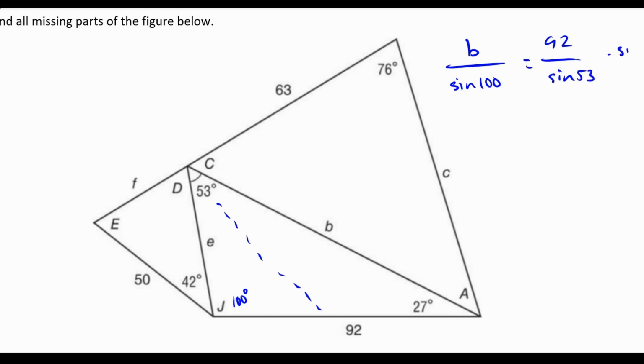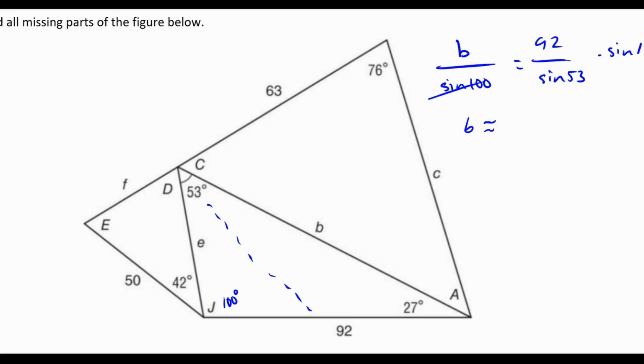Multiply both sides by the sine of 100, and we get B is approximately, let me type that in, 113.4. We don't really have any units here, so I'll just leave it 113.4.